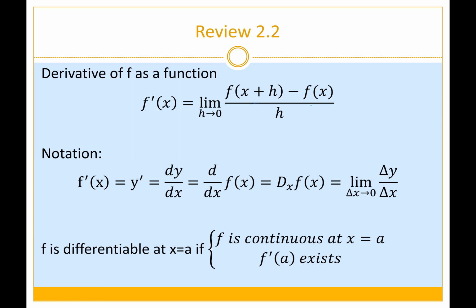Now there are many ways that you can notate it. It can be written as f prime of x, or y prime if y is given as a function of x, or dy over dx. There are a lot of them, depending on what field you're in. If you proceed further into any field of science or engineering, you're going to see this when you find dx and then dy.